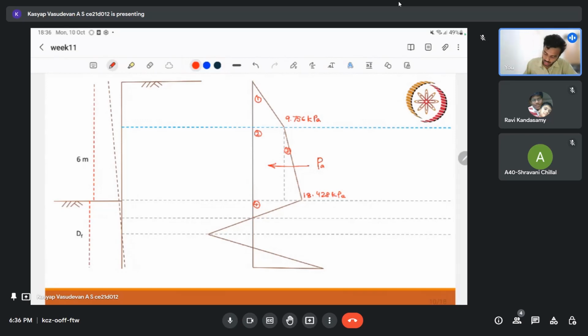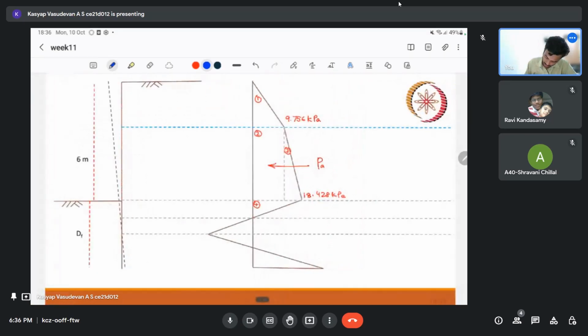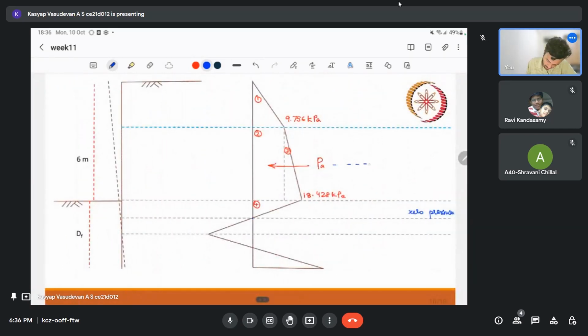But what is asked is we are supposed to find the distance between the point of zero, that is this line where it is zero pressure, and the point of application of our total load. So this I can name as y bar.